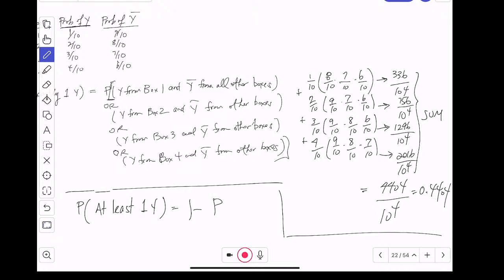That would be the 1 minus the probability of no yellow balls. Or the probability all selections are not yellow.